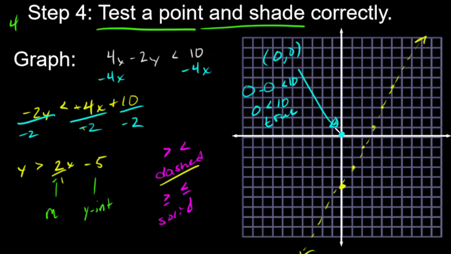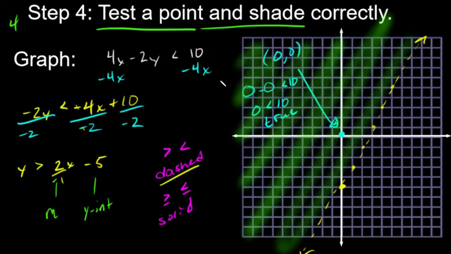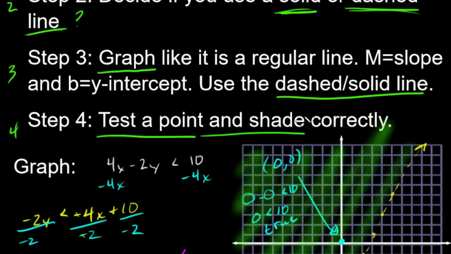If 0, 0 is a solution, that means all of the points on this side towards this point are solutions. So everything over here is a solution. And what you want to do is shade the solution region.